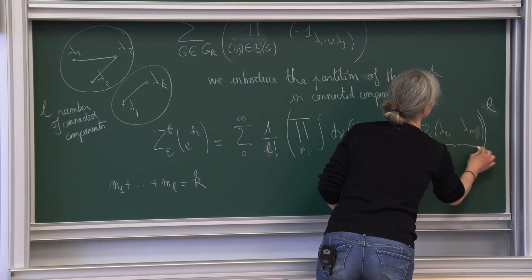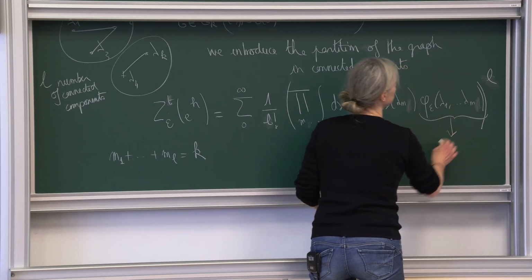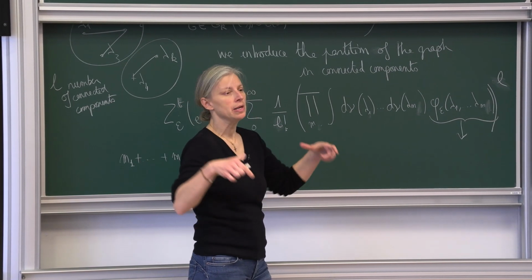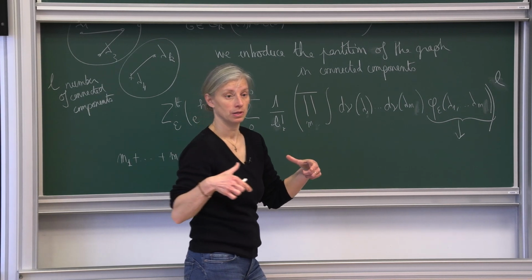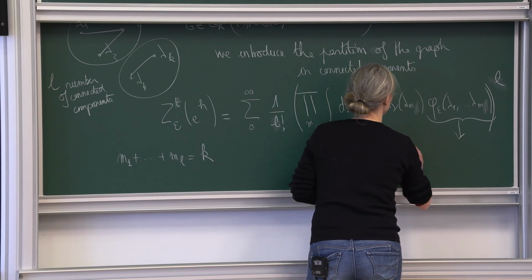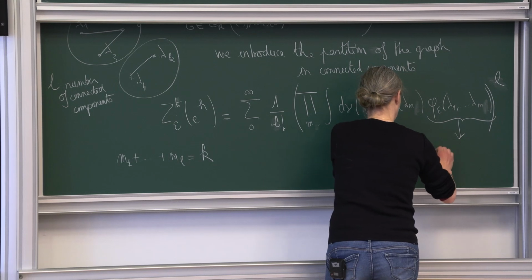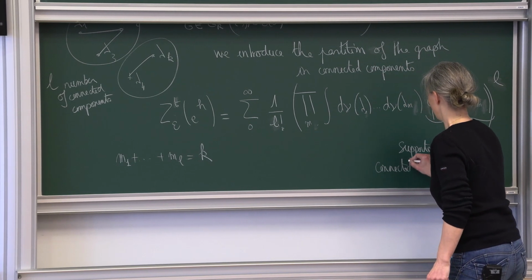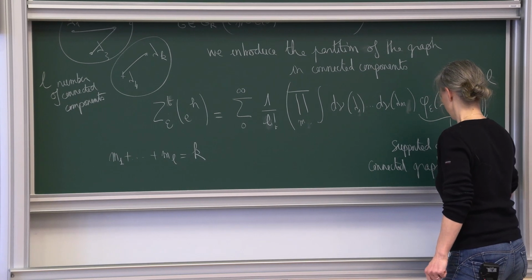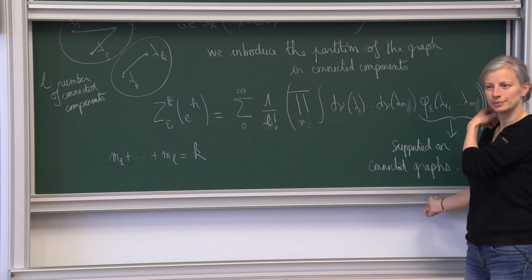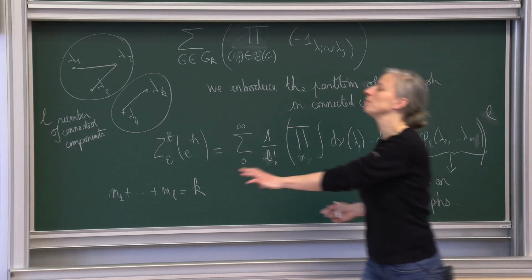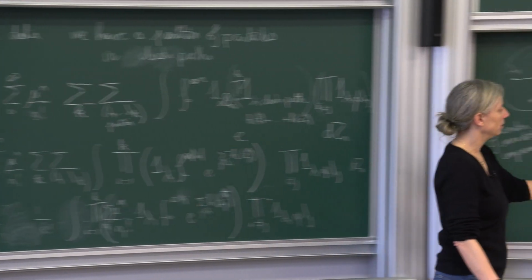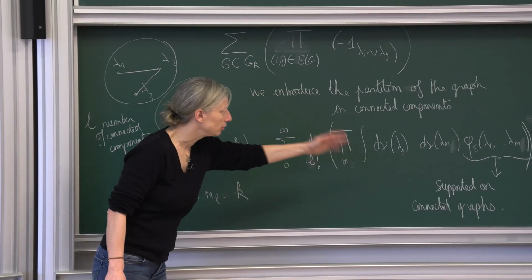And this function here, I will rewrite it, but you see that it's supported on the fact that lambda 1, ..., lambda m should be connected. So this phi epsilon is supported on connected graphs. Okay, so this is exactly the same computation as here. You do exactly the same Fubini, same combinatorics, and you get this.